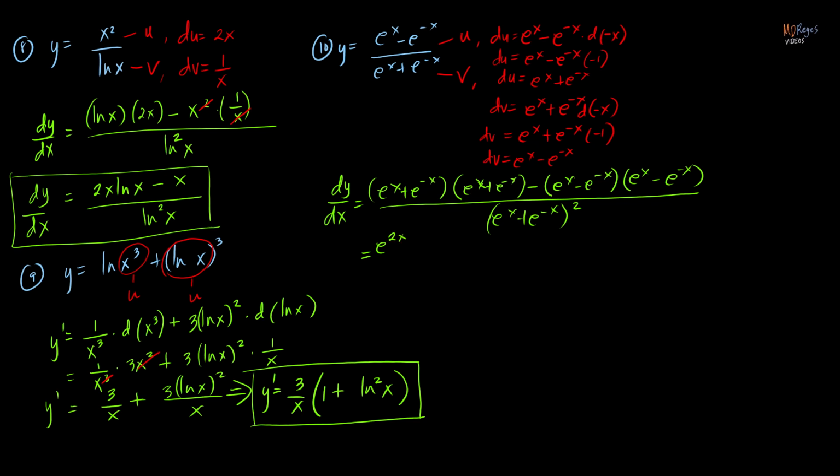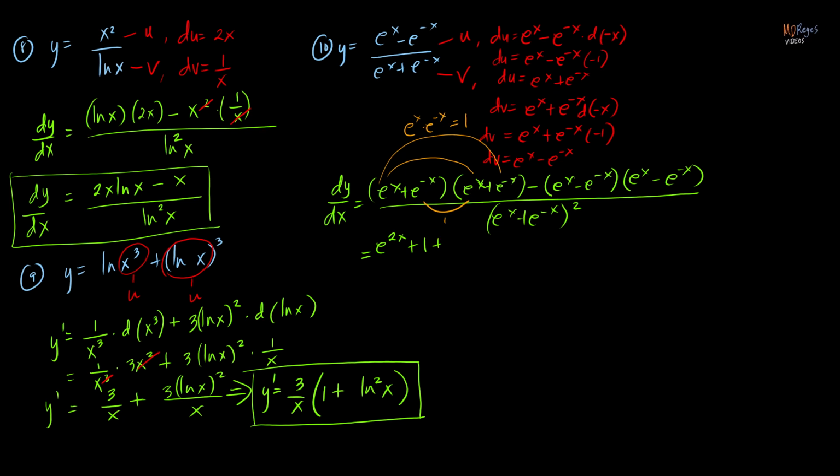Okay, by multiplying these two, we get e to the 2x. Multiplying the outer terms, we get e to the x times e to the negative x, that's equal to 1. And then for this, e to the negative x times e to the x again, that's equal to 1.